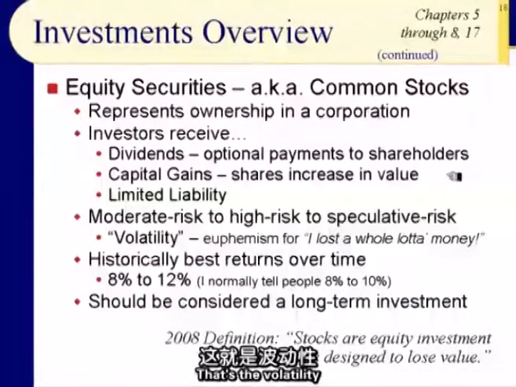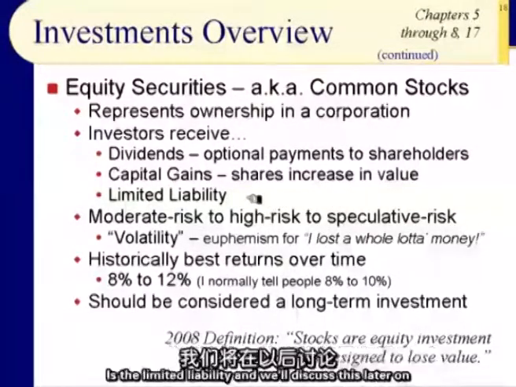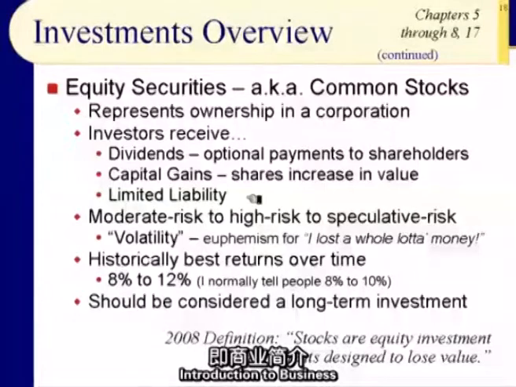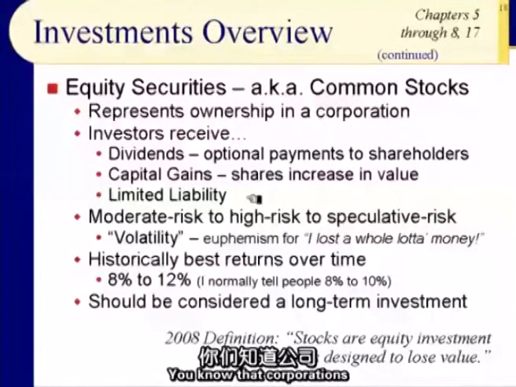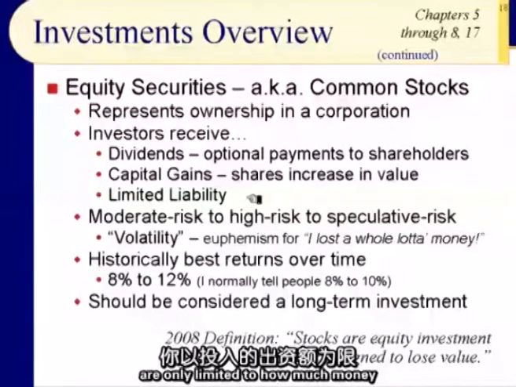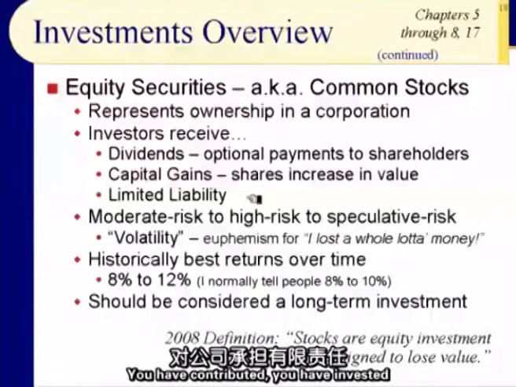That's the volatility. One advantage that we don't discuss often is the limited liability. And we'll discuss this later on, but if you've taken Business 120, Introduction to Business, you know that corporations are limited liability entities. You, as the investor, are only limited to how much money you have contributed, you have invested.